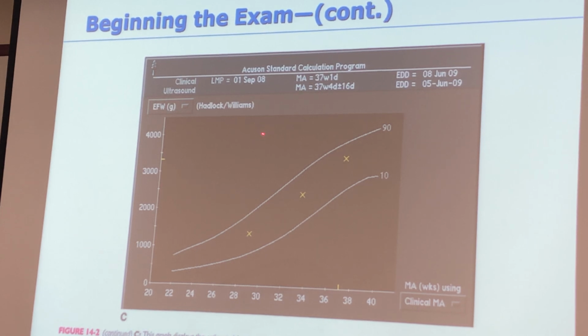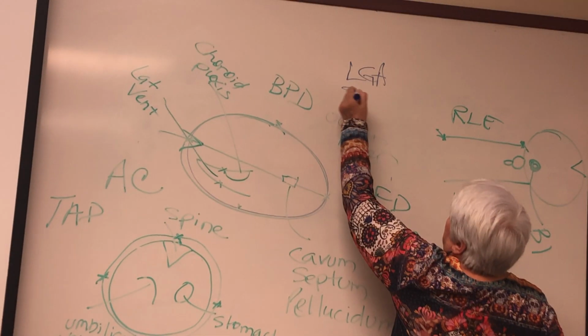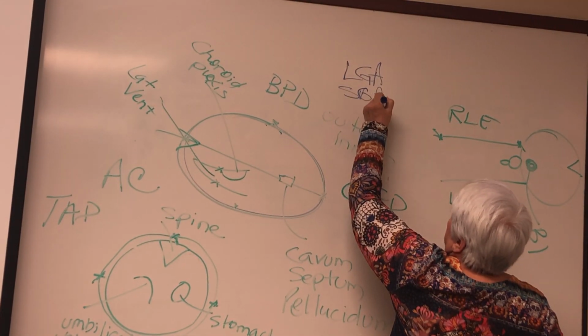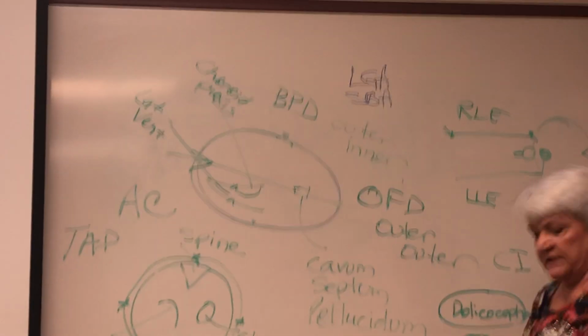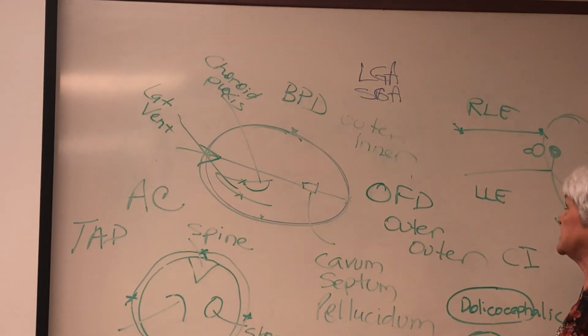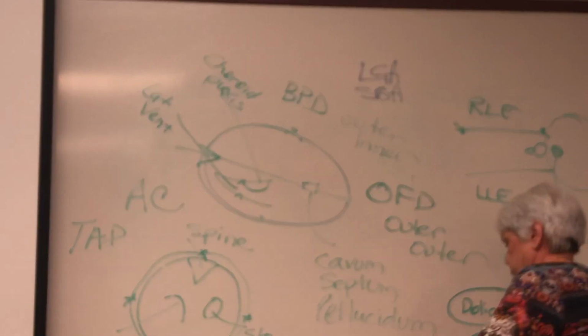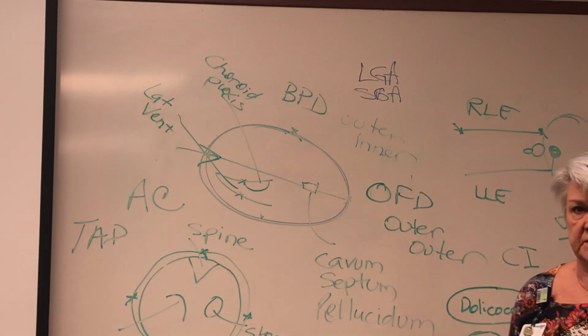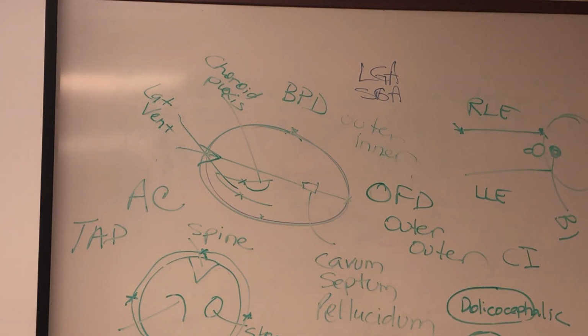This is called large for gestational age. LGA, SGA. Large for gestational age, small for gestational age. And you're going to see that on your requisitions. Okay?